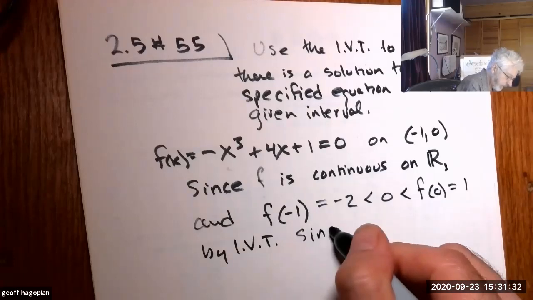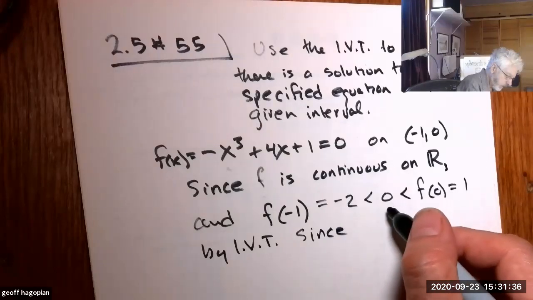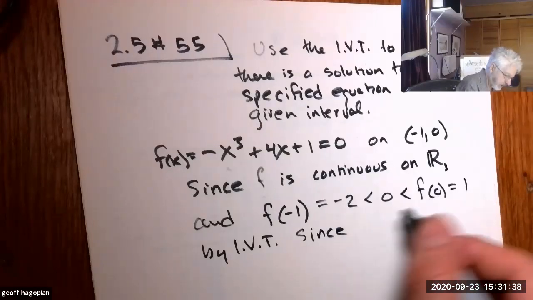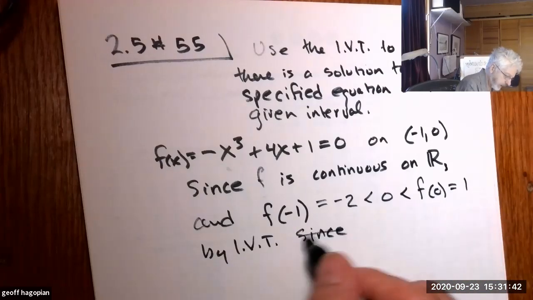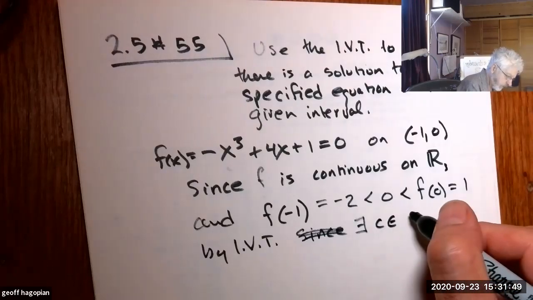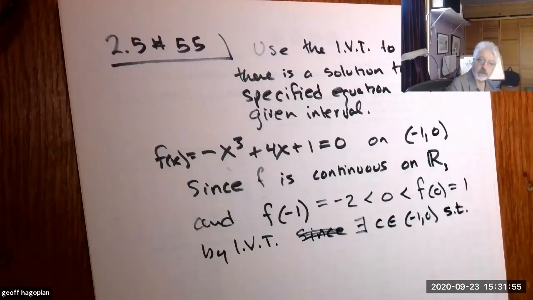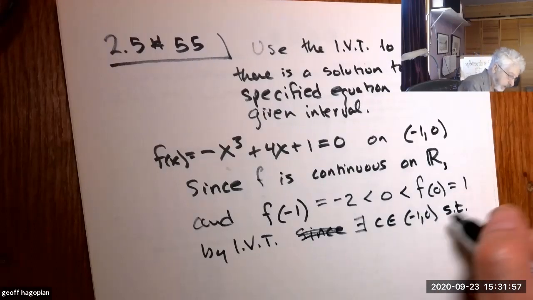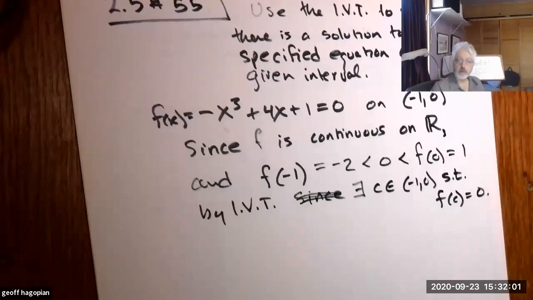I've already established that 0 is between f of -1 and f of 0, so there exists c on the interval from -1 to 0 such that f of c equals 0, and that establishes what we want, right?